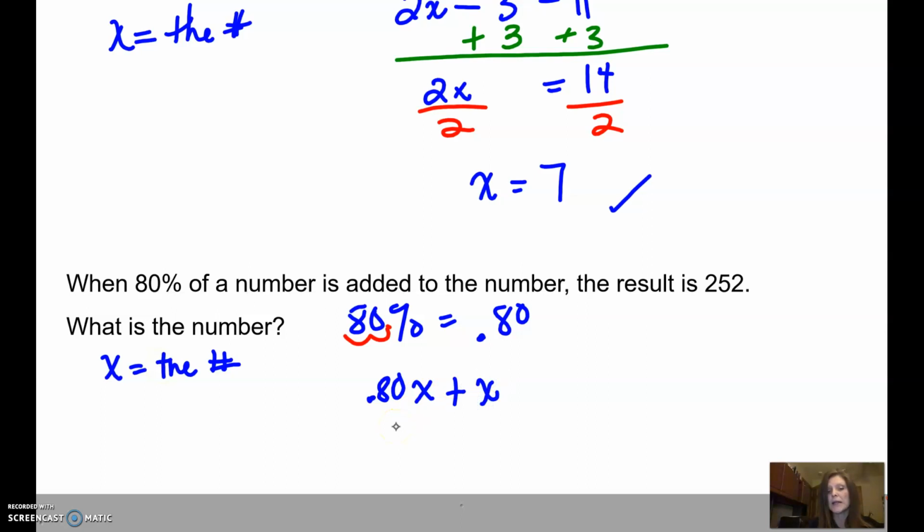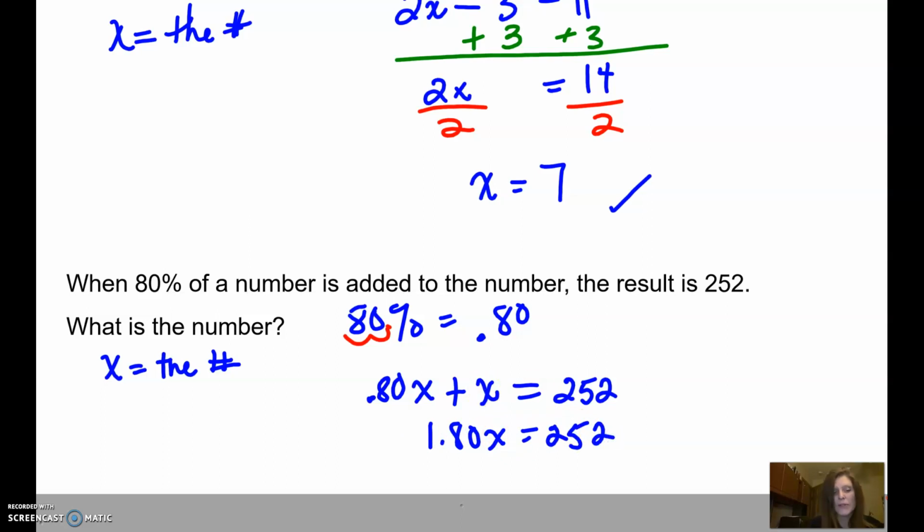So 0.80x plus x, result, so equals 252. There is a number in front of that plain x. It's a 1. And a 1 plus point anything is 1 point whatever. So this next line would simplify that and make it 1.80x equals 252.